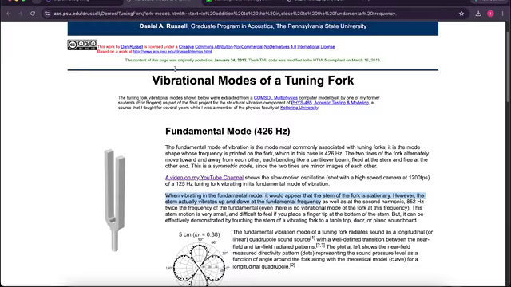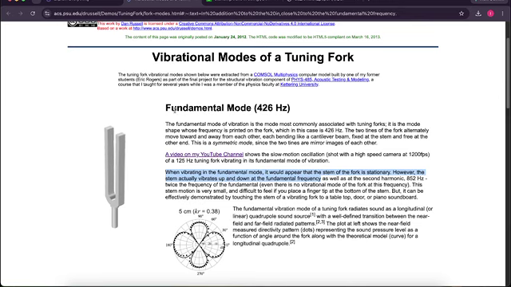Actually what happens is, when it comes to the tuning fork, these prongs actually have transverse waves, in the fundamental mode.